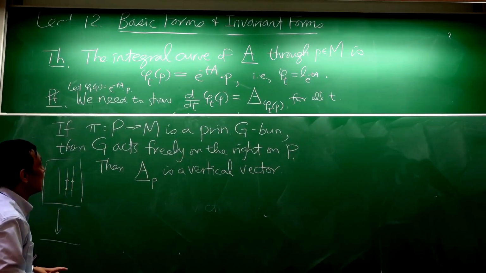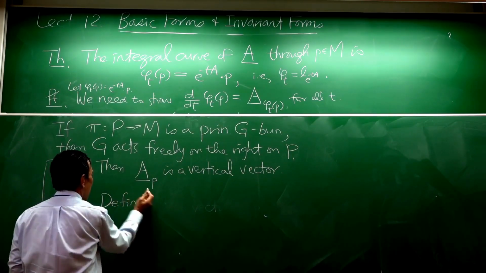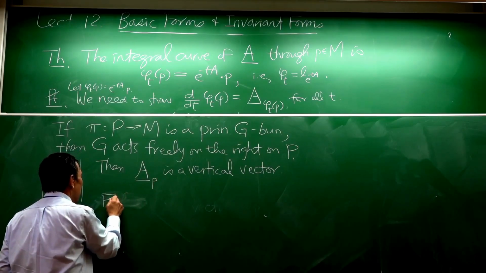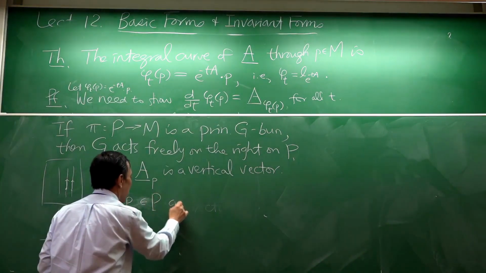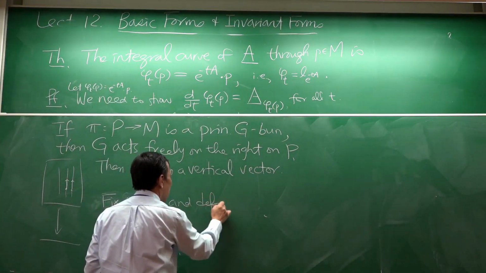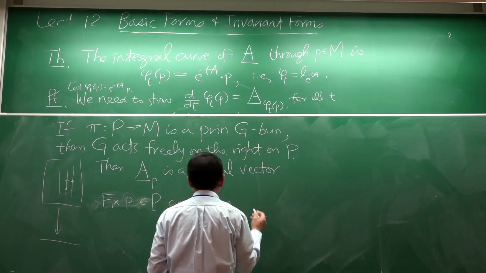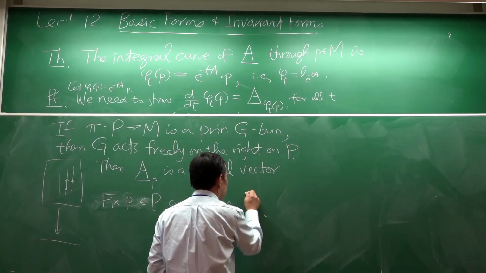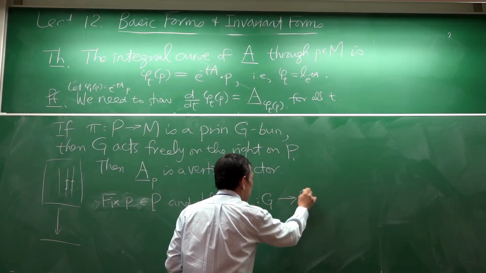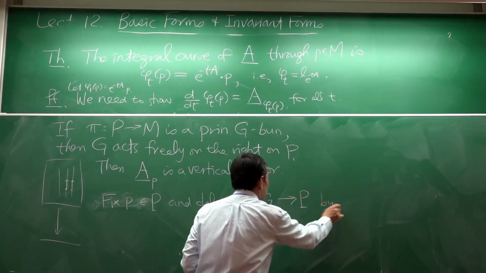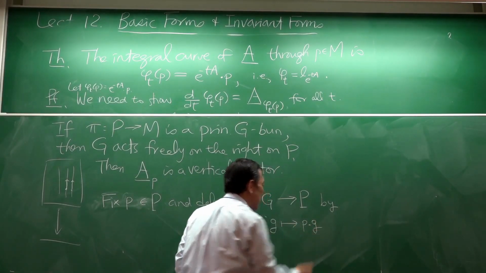See, there's another way to get A bar p. So, fix p in P and define j_p from the group into P by sending g to p dot g.